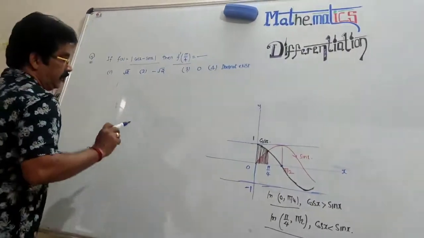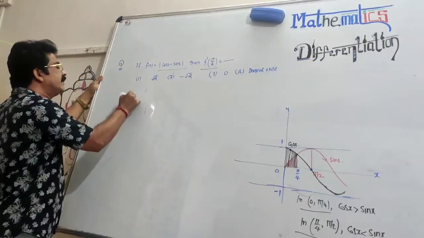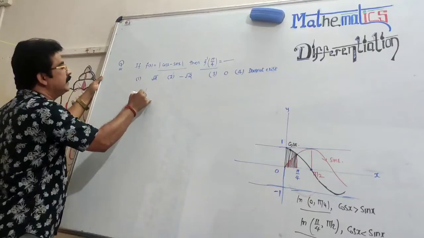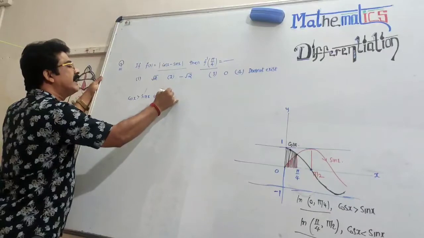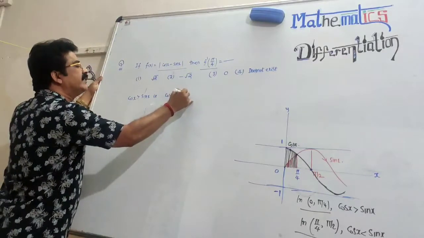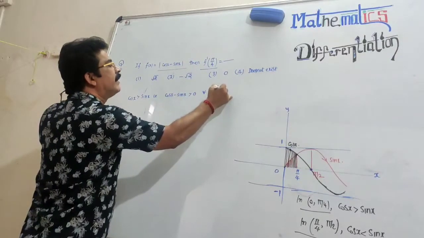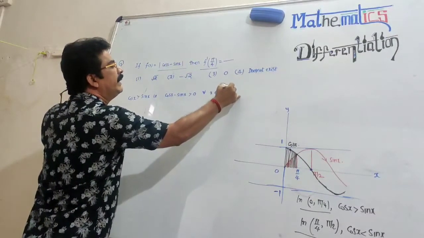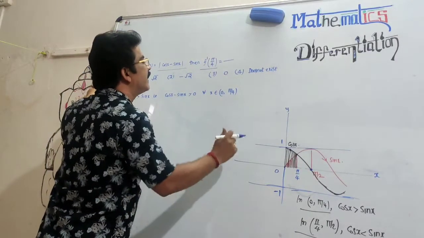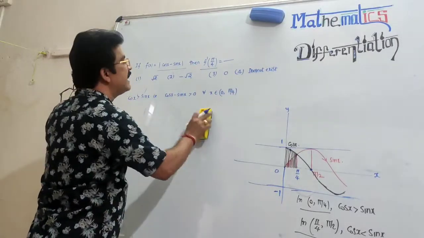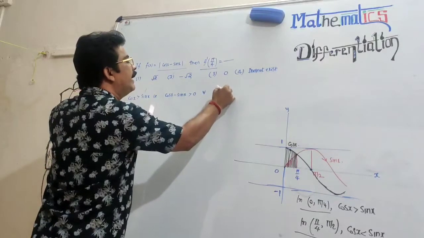So therefore, cos x is greater than sin x. That is, cos x minus sin x is positive for all x belongs to the open interval of 0 to pi by 4, or we can write x is less than pi by 4.